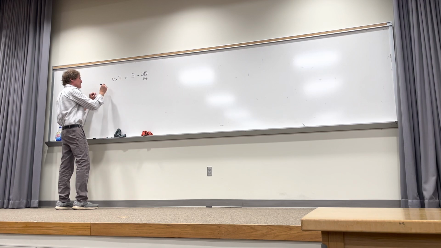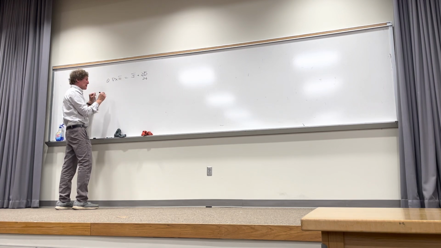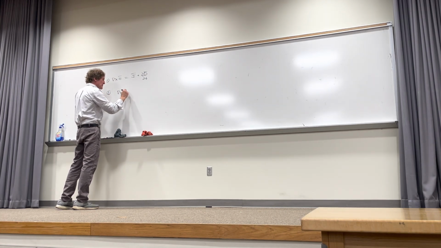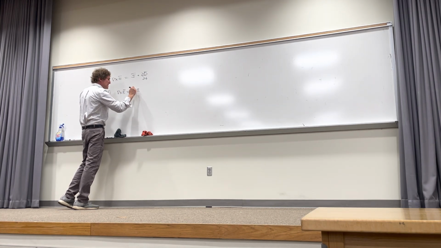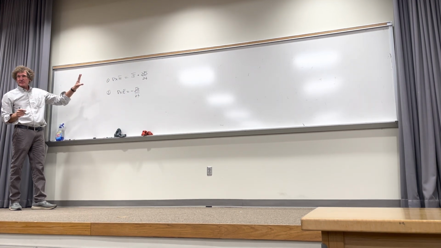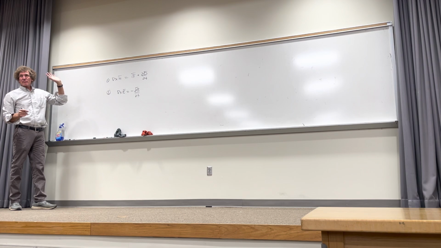That's Ampere's law. The second is Michael Faraday's law of induction, and that's curl of E equals minus dB/dt. Those two sets of laws govern all electromagnetic phenomena in the universe. They're never inconsistent. They're self-consistent.